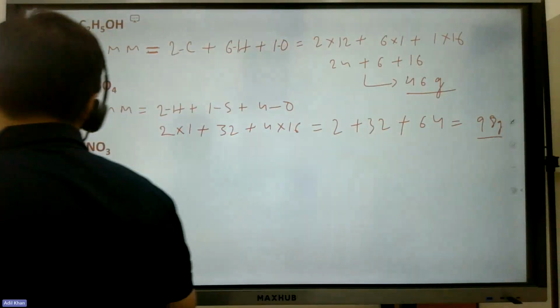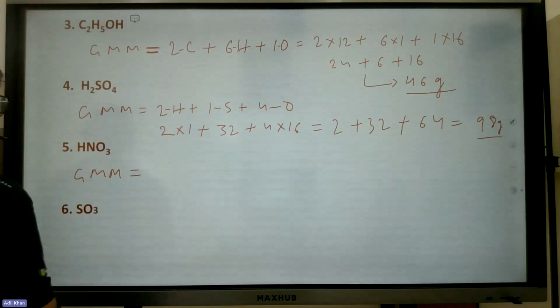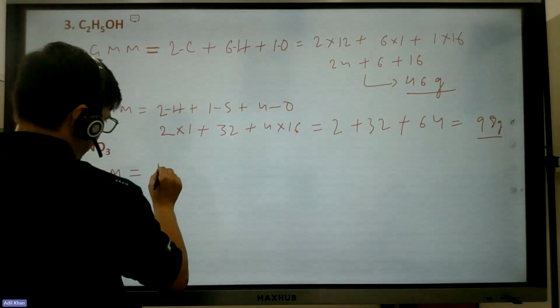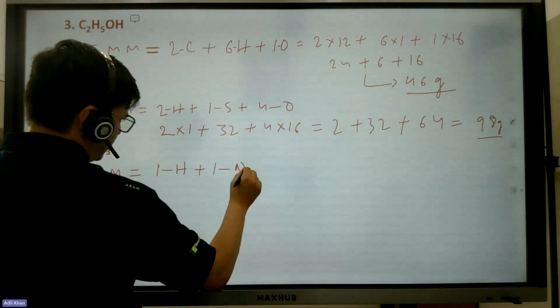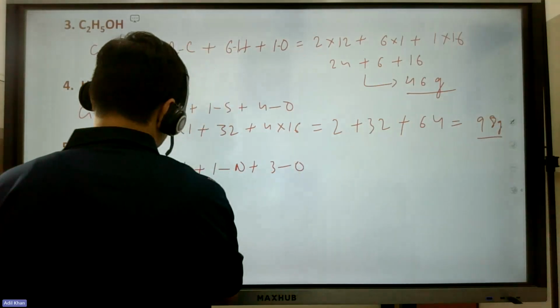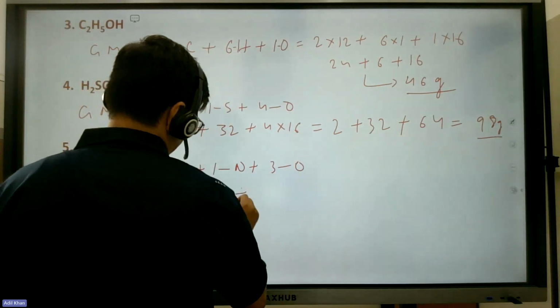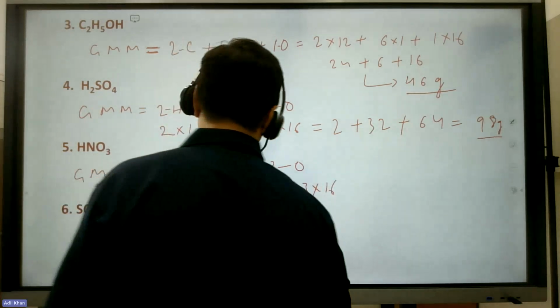Correct. Nitric acid, HNO3. Gram molecular mass, how much? There is 1 hydrogen, 1 nitrogen, and 3 oxygen. You take the atomic mass of all and sum. So 1 into 1, nitrogen is 14 into 1, oxygen 3 into 16.